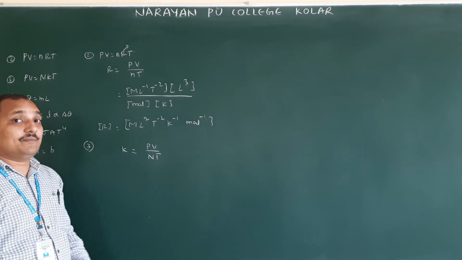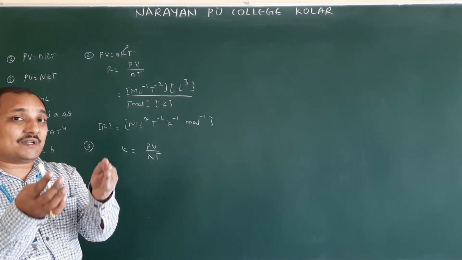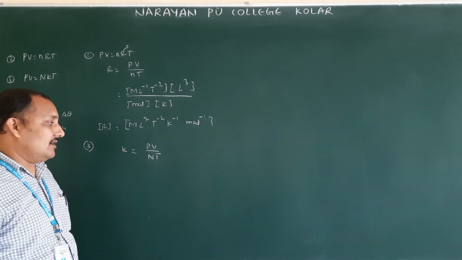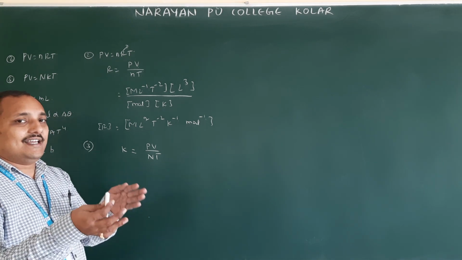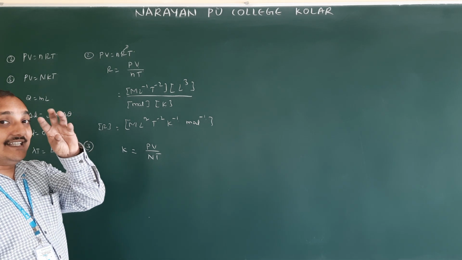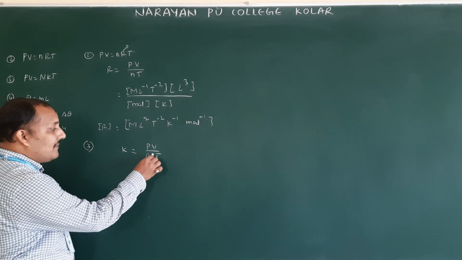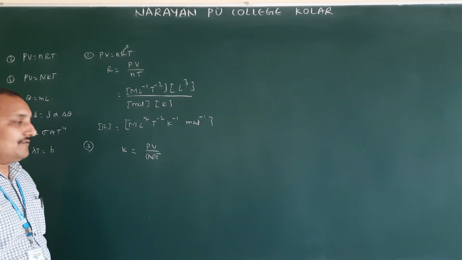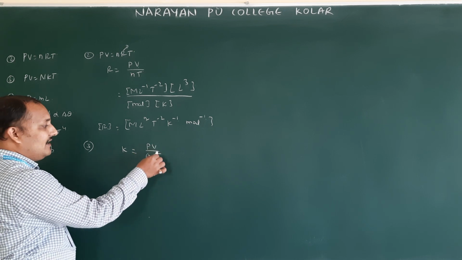Number of molecules means how many molecules are present within that gas. How many students are present in the classroom? Number of students means that is a number. Therefore, a number will not have a dimensional formula, so we should write only PVT.